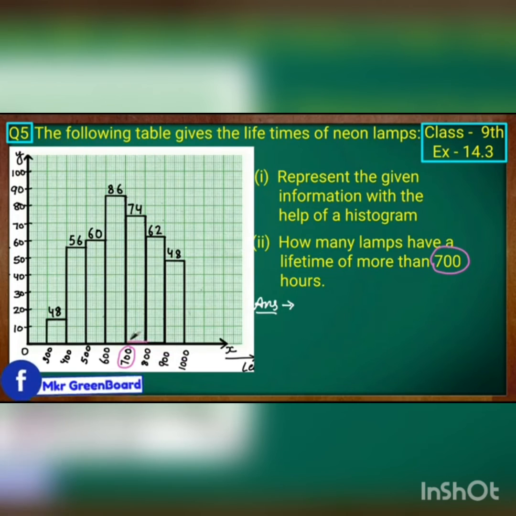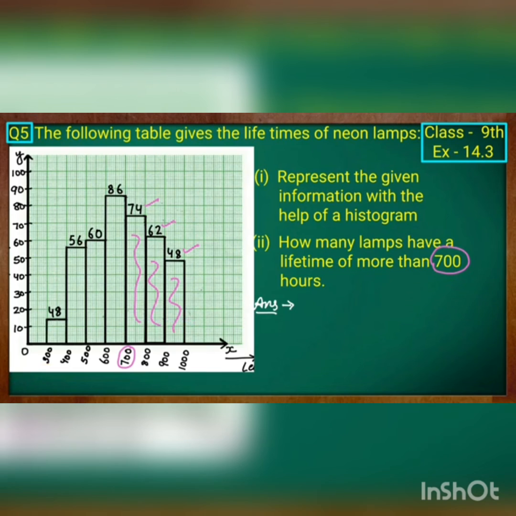Let us see what we have to do. We have to add 74, 62 and 48, these three numbers, because these all come in the category of more than 700 hours.